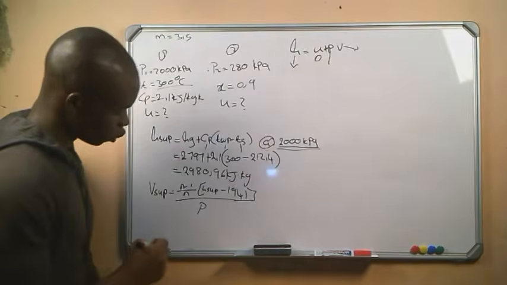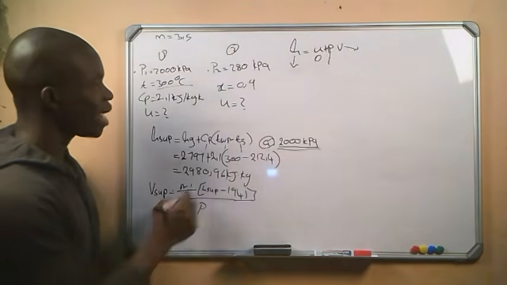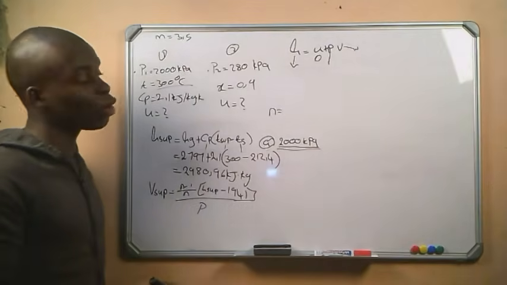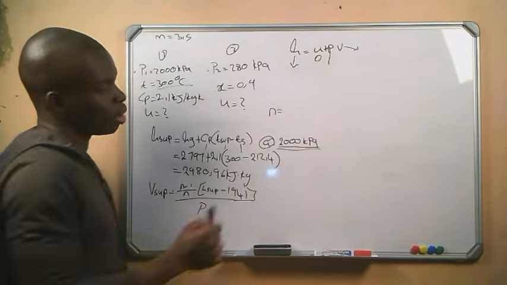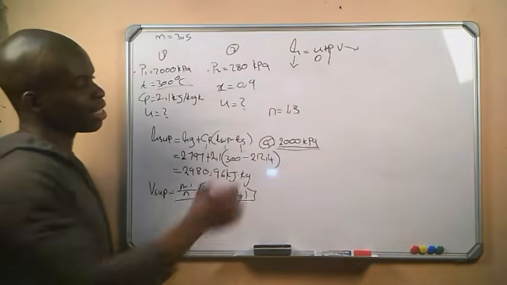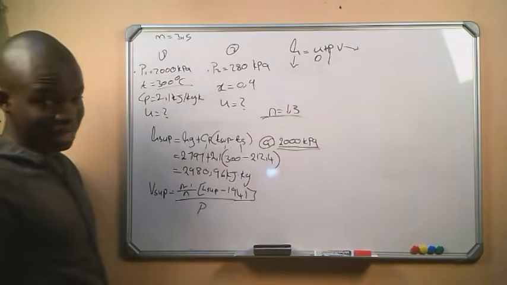And then we substitute the value of n. If you are not given it, like in this question, we use 1.3. That's the value of n.